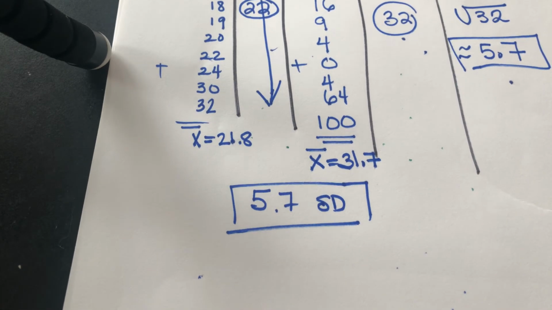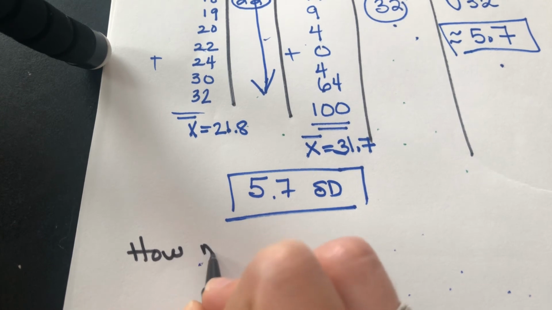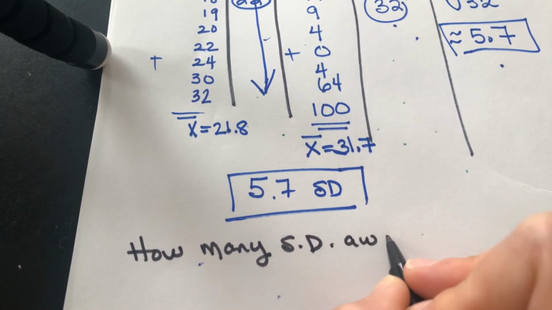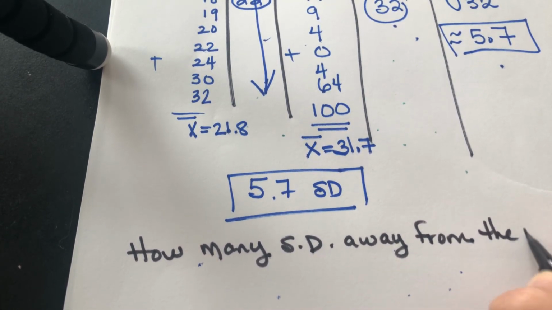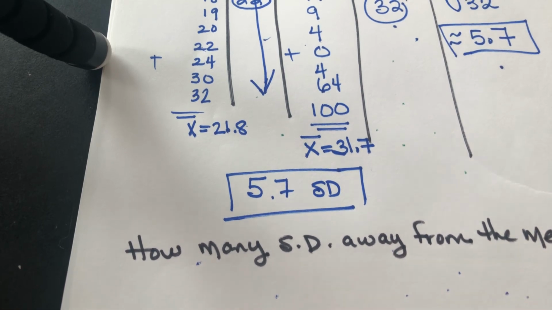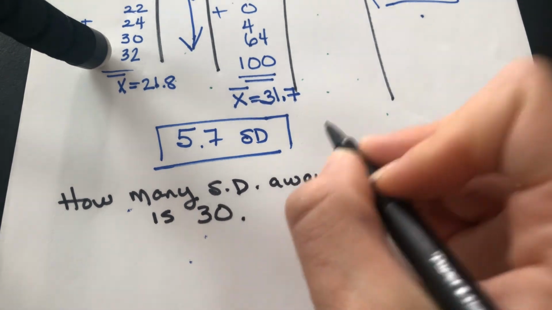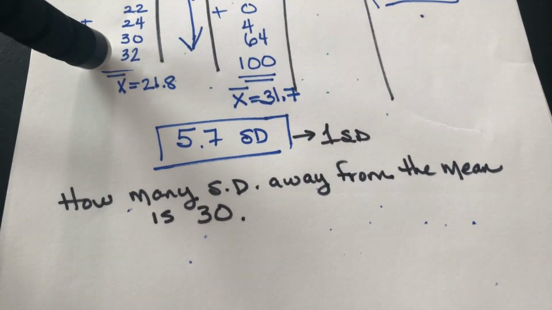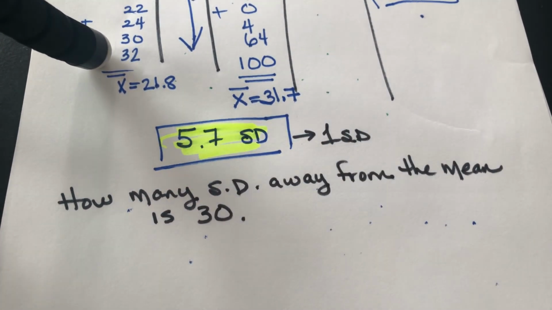Now, here's the question I can ask you based on this. I can say, how many standard deviations away from the mean is 30? So again, one standard deviation is 5.7, really important. I want to know how many standard deviations away from the mean is 30.